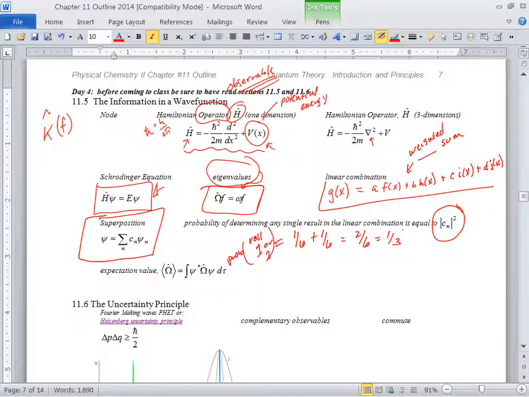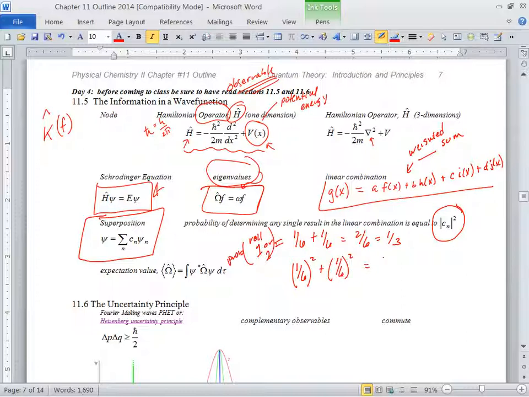Everybody agree? Now it's supposed to be a die that's the size of an electron, extremely small. Quantization now becomes important, and the coefficient is 1/6 still, because you have all these numbers 1 through 6 that are all equally possible. So each coefficient is going to be 1/6, but you have to square those coefficients to get the probability.